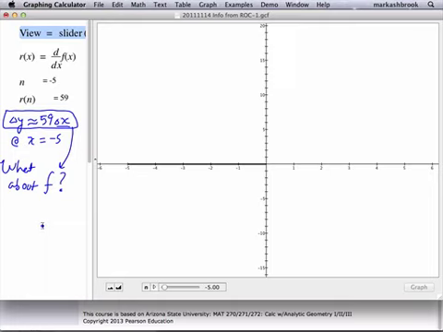Adelaide, what do you think? I've only given you one number, so I'm not asking what the function looks like, but can you make any conclusion about the function?